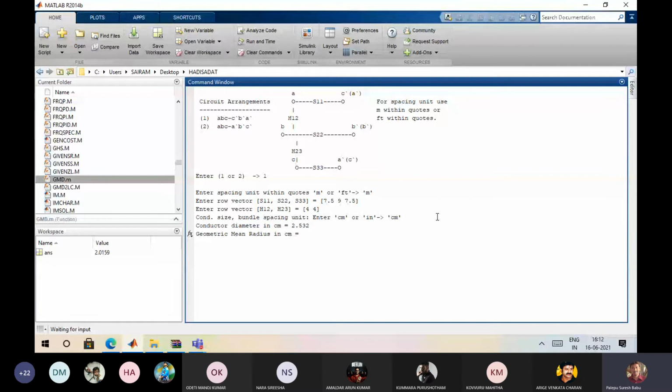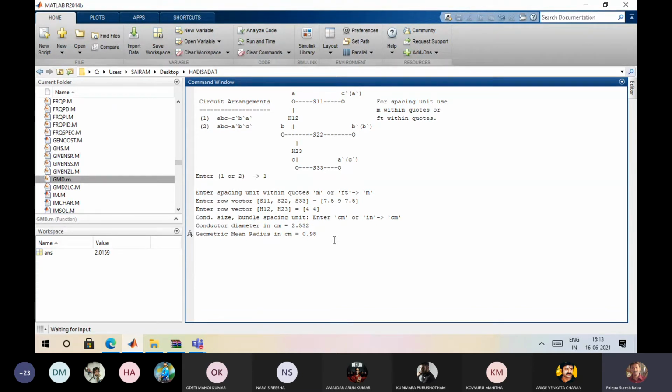For the geometrical mean radius, we have to divide 2.532 by 2 and multiply by 0.7788. Because the diameter is 2.532, the radius is half of that.